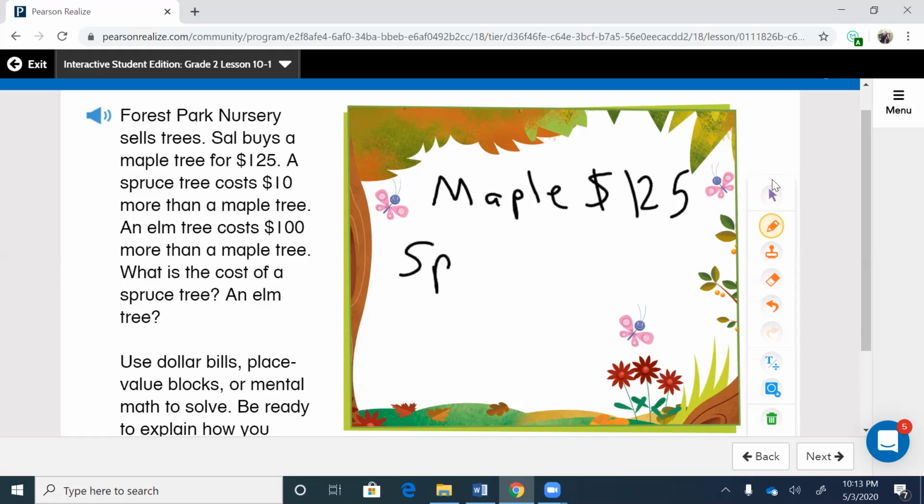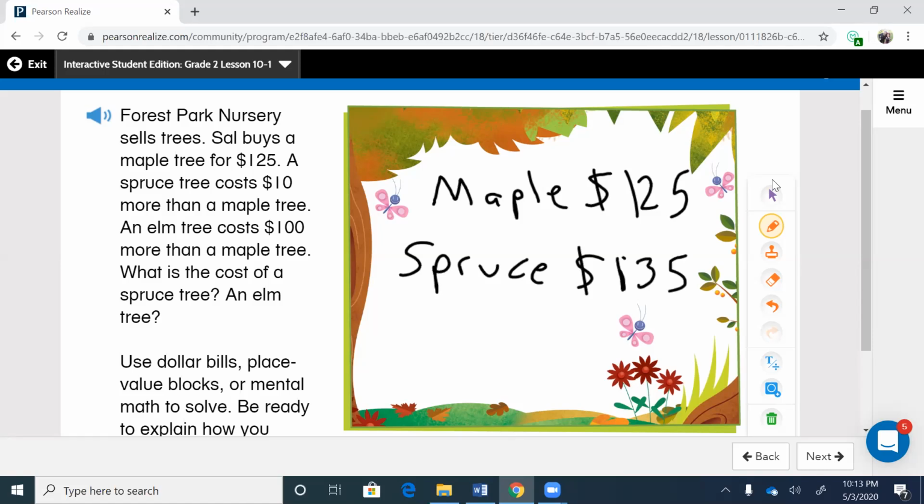I'll write spruce, and let's read what it says. A spruce tree costs $10 more than a maple tree. So we're going to add 10. Think about it this way: when we add tens, the hundreds and ones stay the same. So the spruce tree is going to be $135.